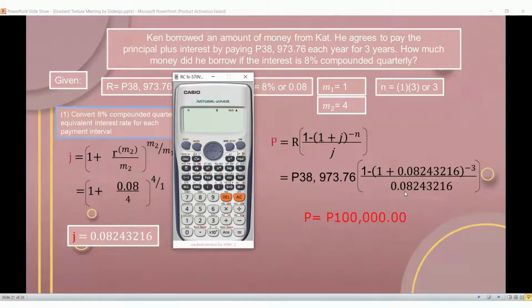So, i-try naman natin siya i-enter sa ating calculator lahat yan. Try natin ilagay sa ating calculator. Let's see kung magiging sagot.